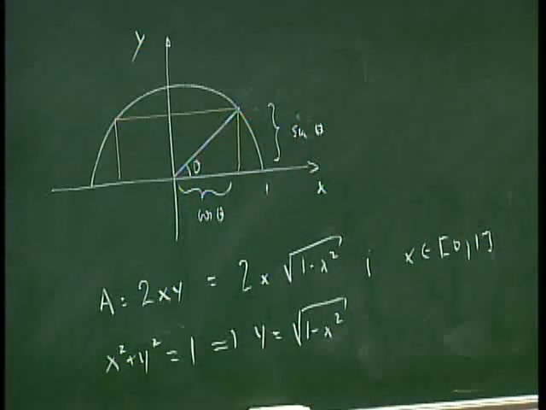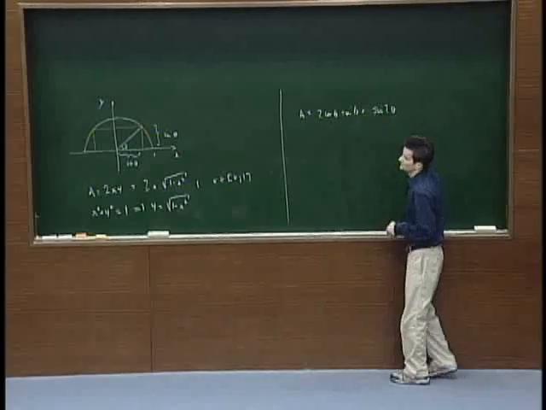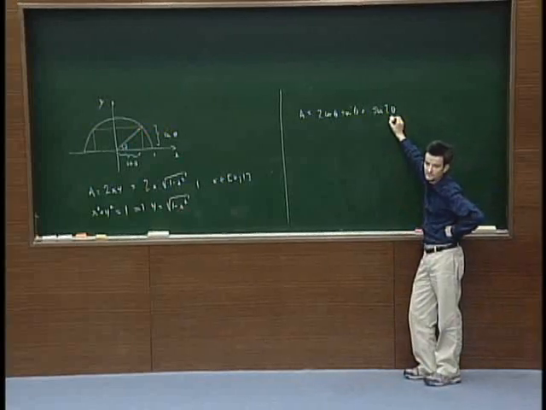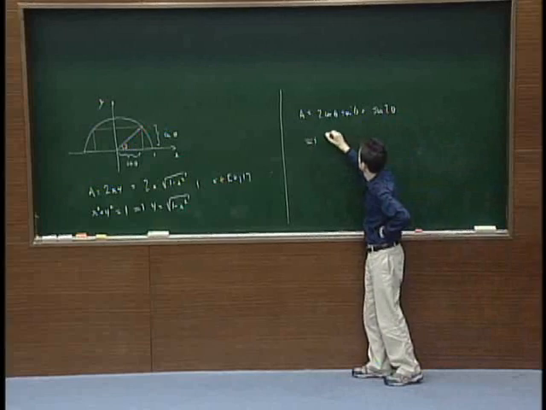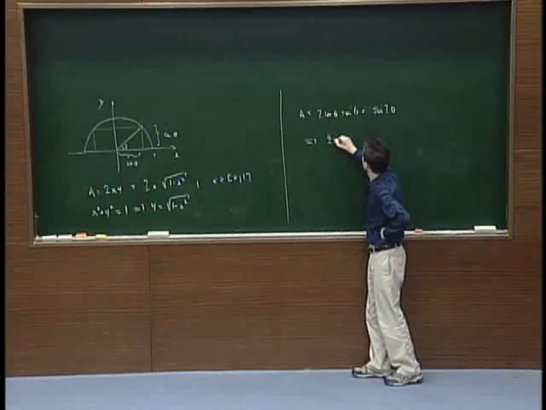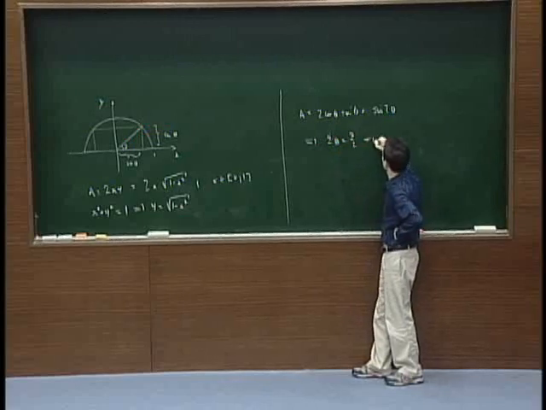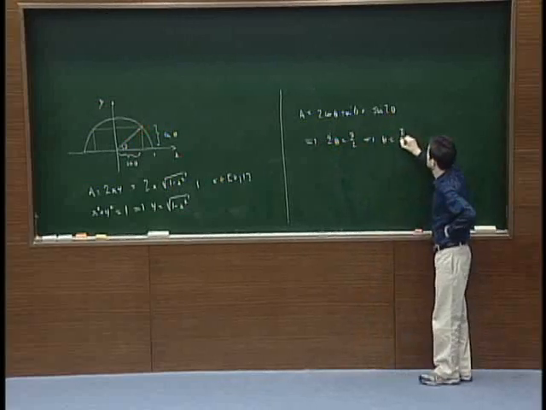The area now becomes 2 times the cosine of theta times the sine of theta. But this is the sine of 2 theta. To maximize this is very easy, because we know that the sine is maximal if 2 theta is equal to pi half. So you immediately get that theta must be equal to pi over 4.